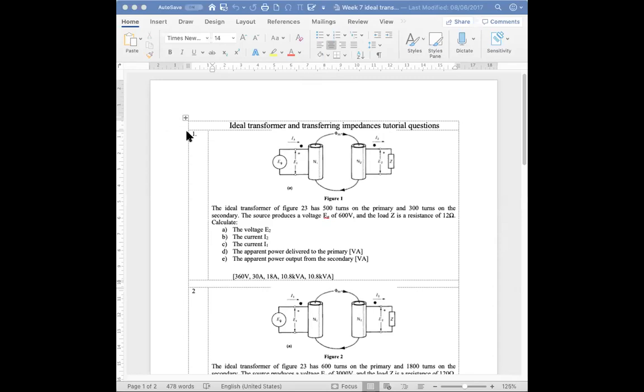Is that the ideal transformer questions you can see now?